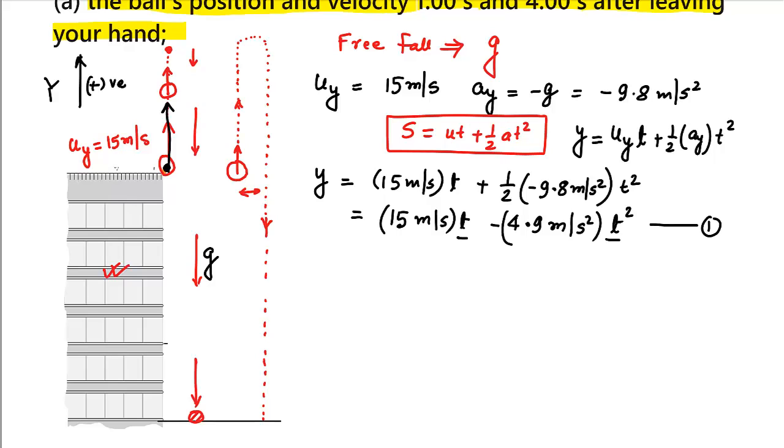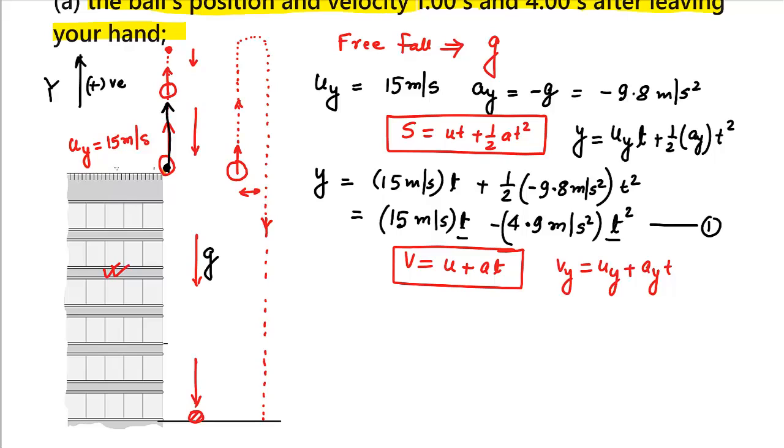Now similarly, I also have to calculate the velocity of this ball at different points of time. You may remember the formula v equals u plus at. If I write this formula for the y direction, I can write v_y equals u_y plus a_y times t.